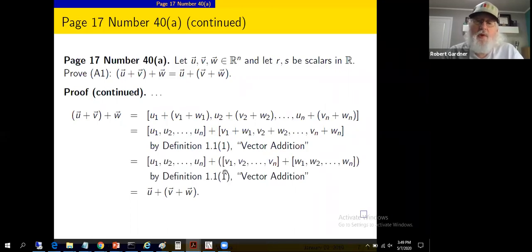This is vector v1, v2 through v sub n plus vector w1, w2 through w sub n. We're doing this addition at this stage, so we're bracketing these two together. And if we translate this back into the symbols, u vector, v vector, w vector, that's exactly the other side of the equation. So straightforward, if you're not comfortable with proofs, they can't get much more elementary than this.